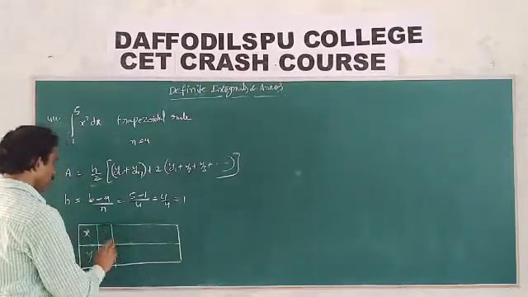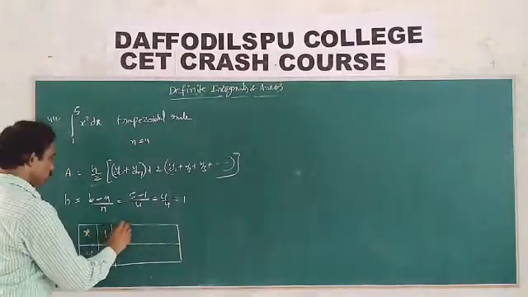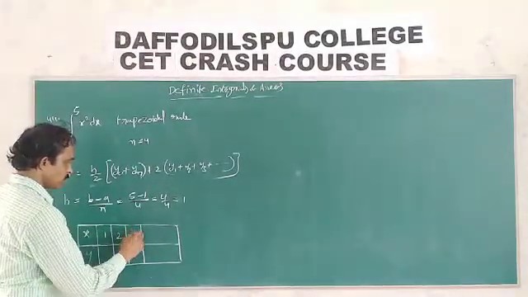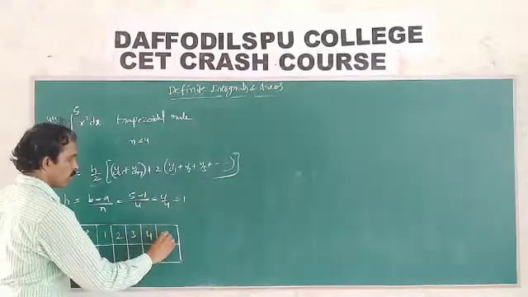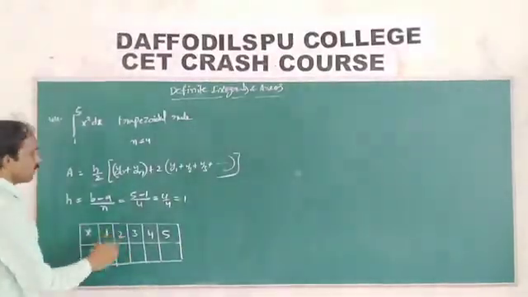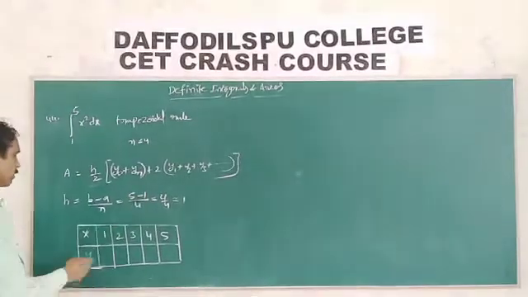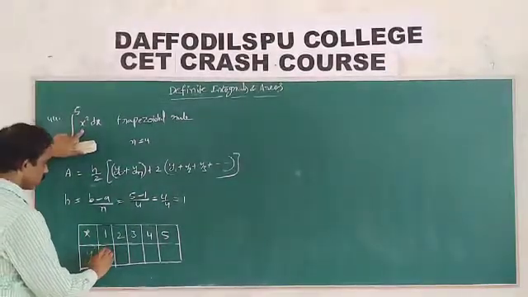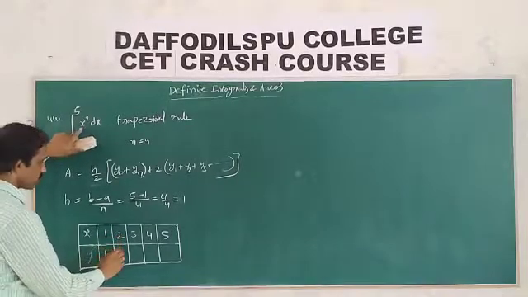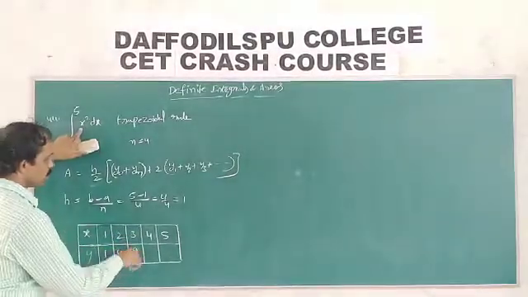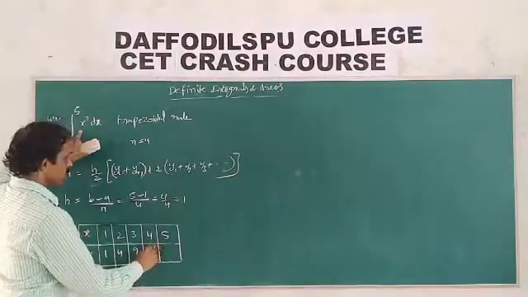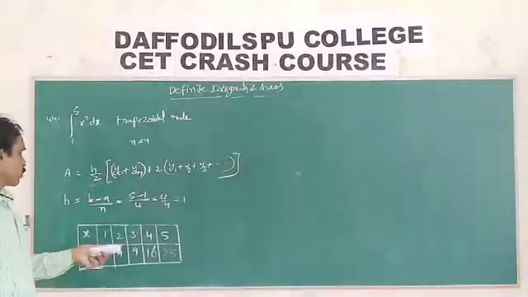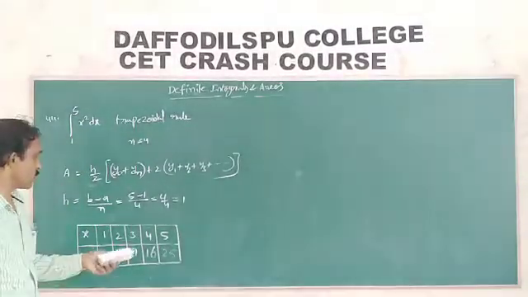Okay, right. Strips 1, 2, 3, 4, 5. The width h is equal to how much? 1. Right. Substitute in this one. 1 square, 1; 2 square, 4; 3 square, 9; 4 square, 16; 5 square, 25. So the corresponding y value is equal to x square.